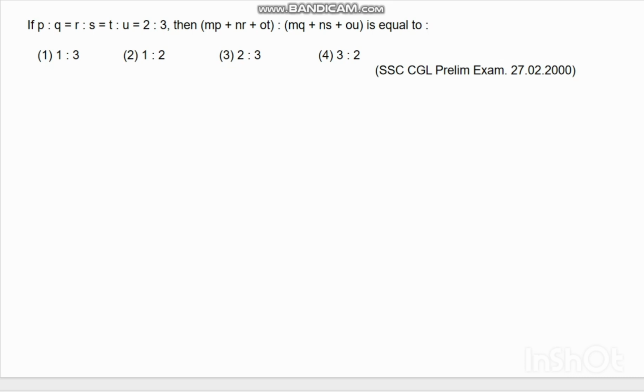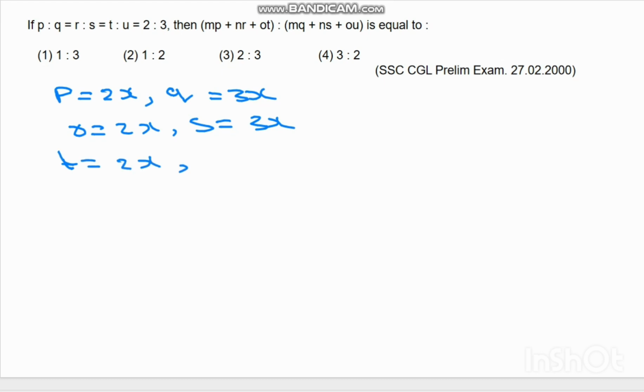So here P equal to 2x, Q equal to 3x, R equal to 2x, S equal to 3x, P equal to 2x, U equal to 3x.